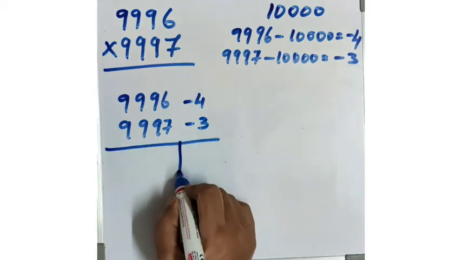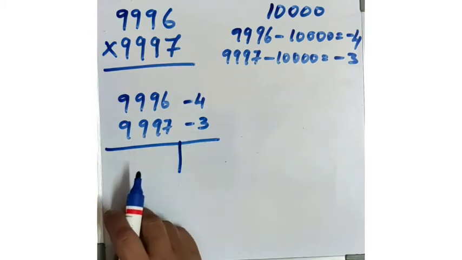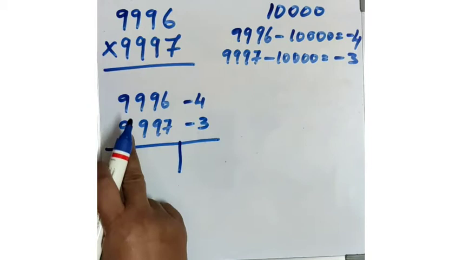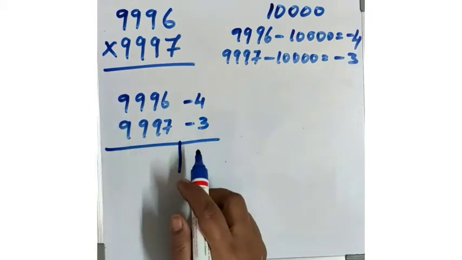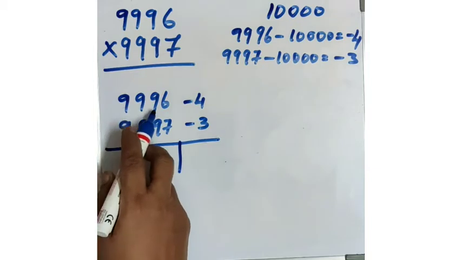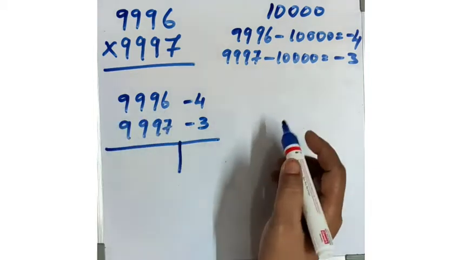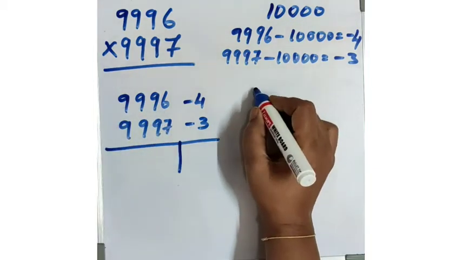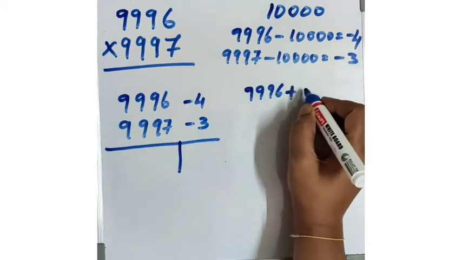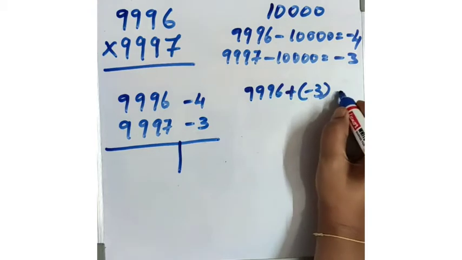Now draw a line below that and make a partition. On the right you have to multiply, but on the left you have to find the sum. That is, 9996 plus minus 3.